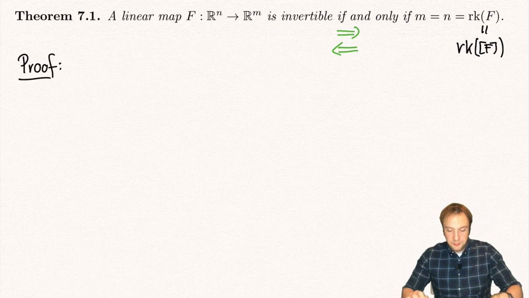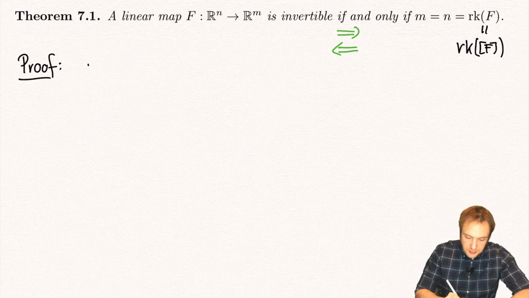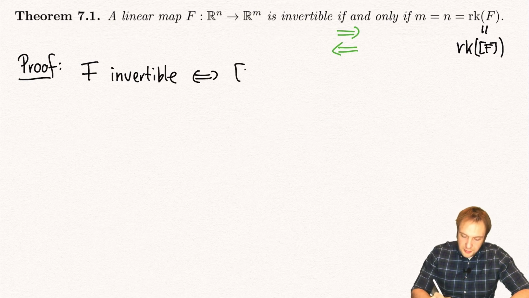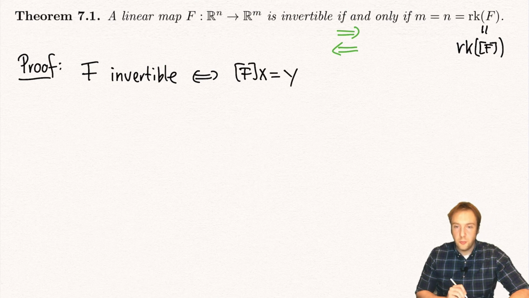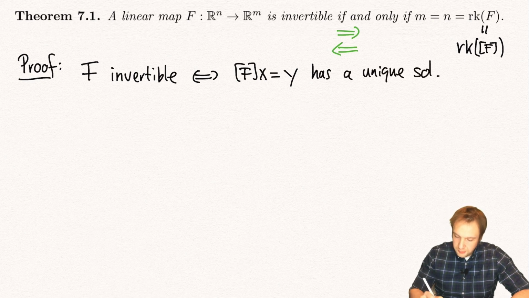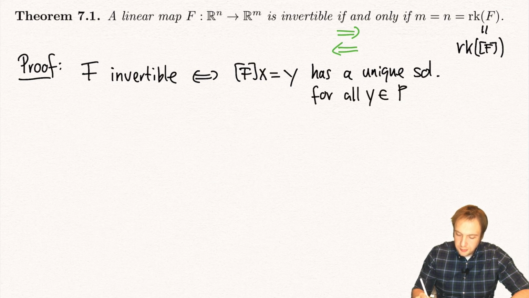And first, a general observation. So f invertible was equivalent to this linear system, fx equals y, having a unique solution for all y in Rm.